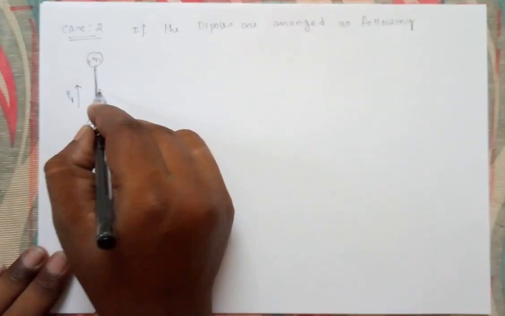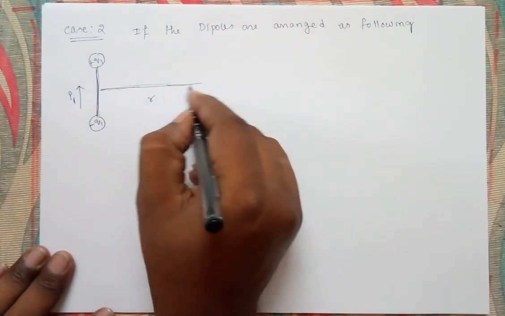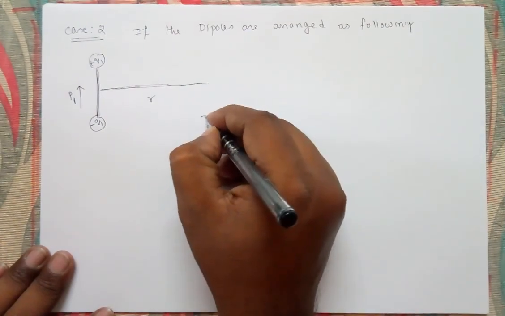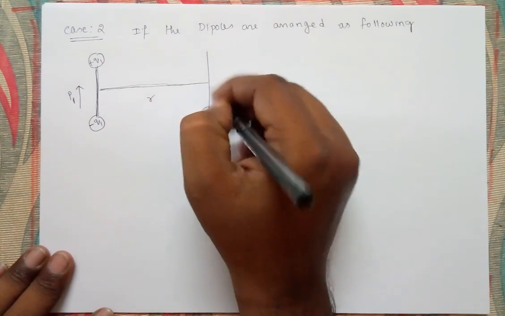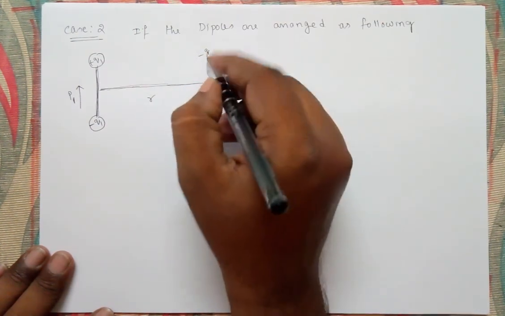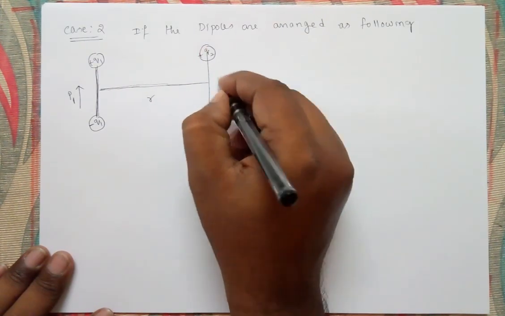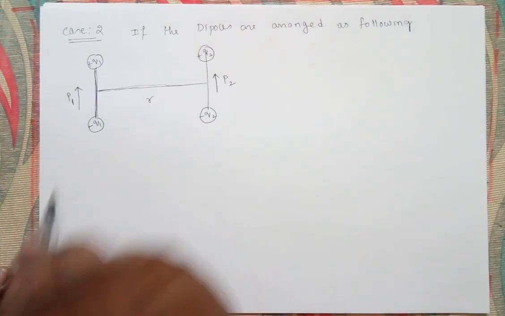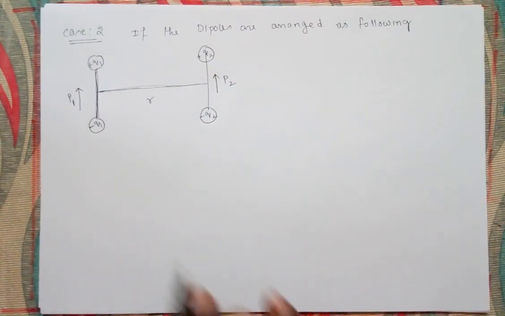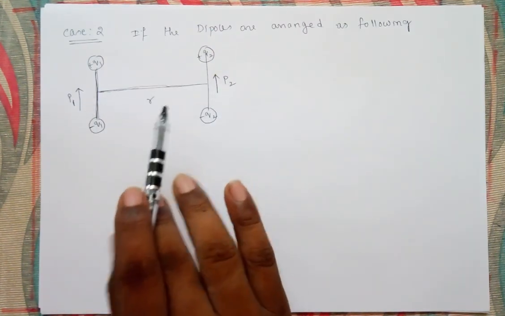At a distance r from this, we take another dipole: here minus q2 and plus q2, and this dipole moment is p2 along this direction, and the two centers are separated by r.